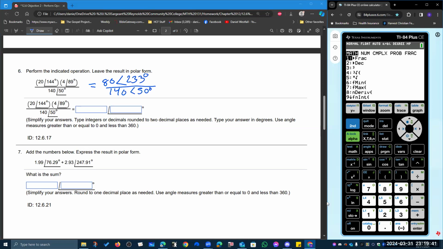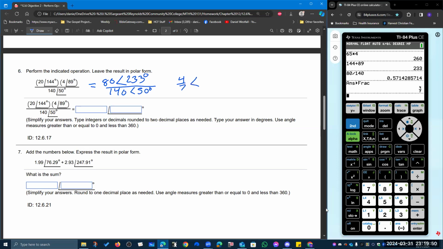Let's math answer to fraction, there is 4/7. And then 233 minus 50 is 183. So this should be 4/7 rounded to 2 decimal places is 0.57, and then 183.